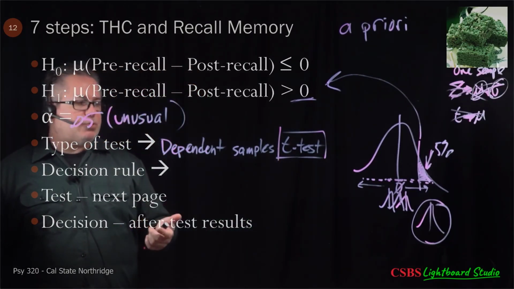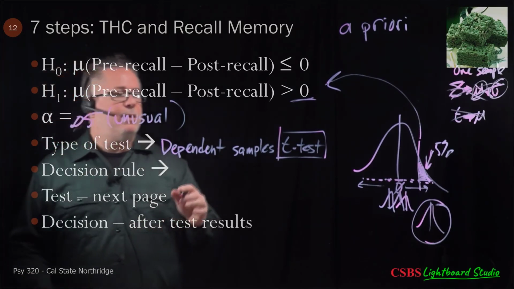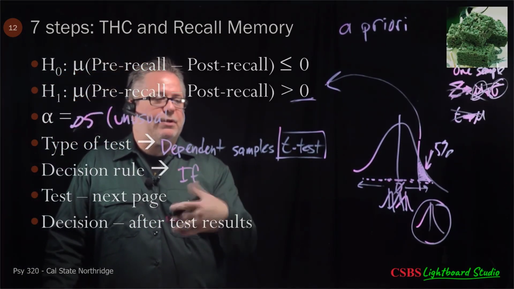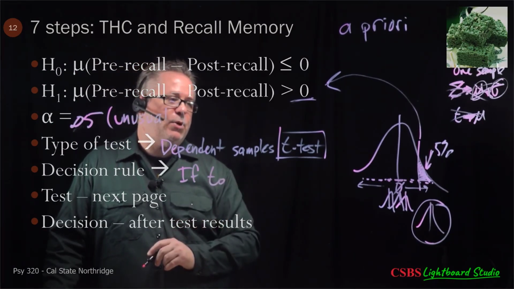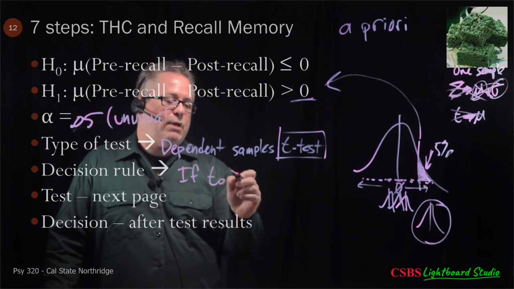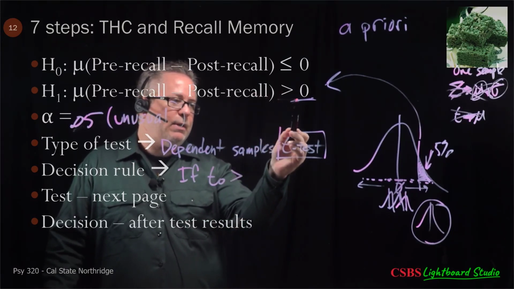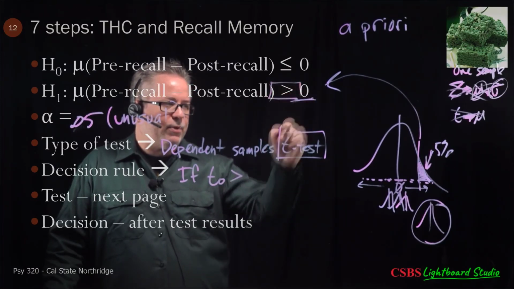So now we need a decision rule. Our decision rule we can't quite make totally specific yet, but what I want is something like this. This is the generic version: if my T observed, TO, is greater than, and why greater? Because I'm hypothesizing that it's going to be, I have a greater than in my alternative hypothesis.